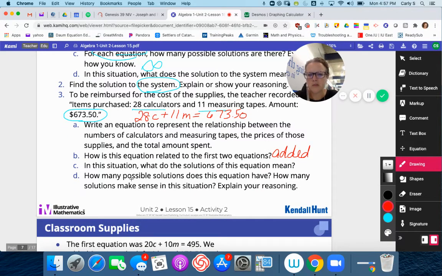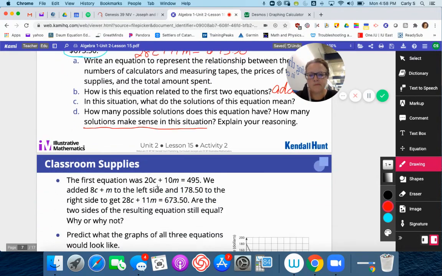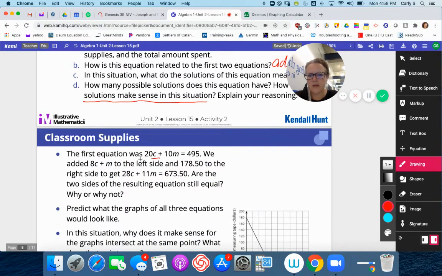So how many possible solutions does this equation have? Well, the equation all by itself has many, many solutions. They all have to be positive. They all have to be dollars and cents. They have to be rational, etc. Okay, the first equation was 20C plus 10M equals 495.